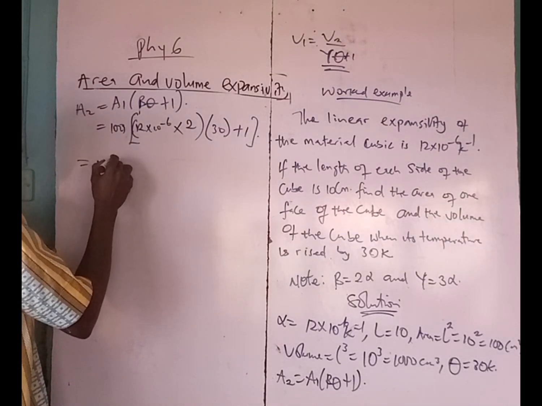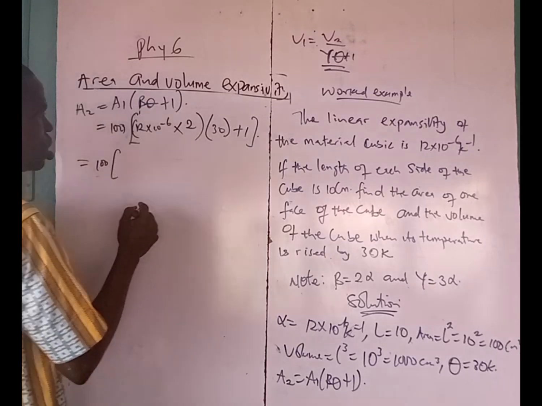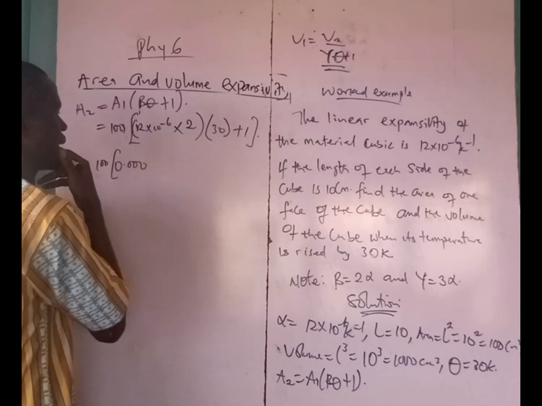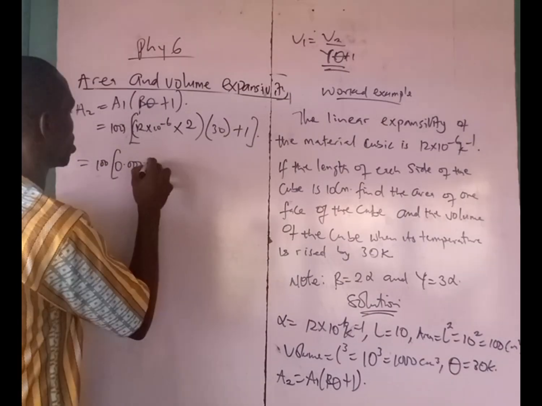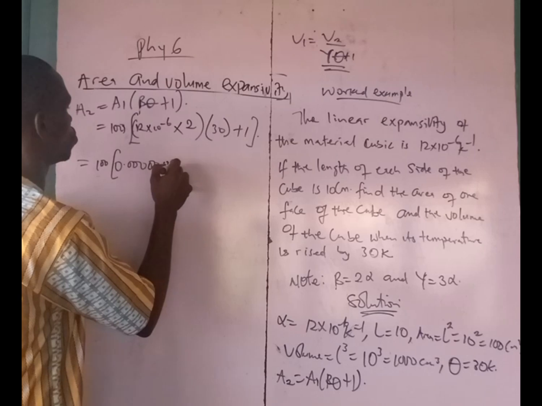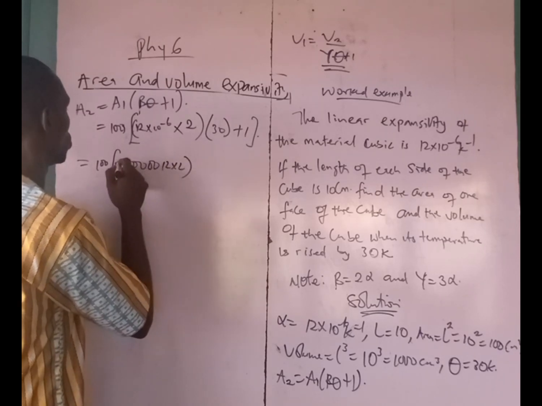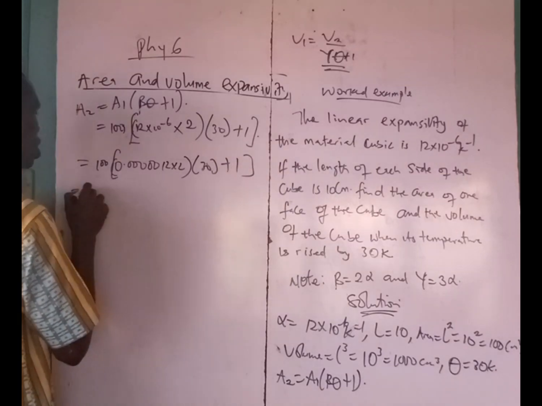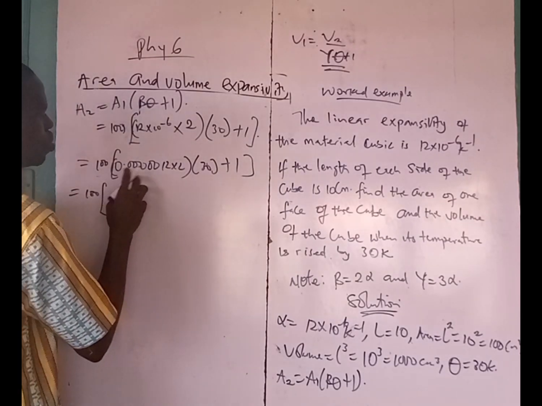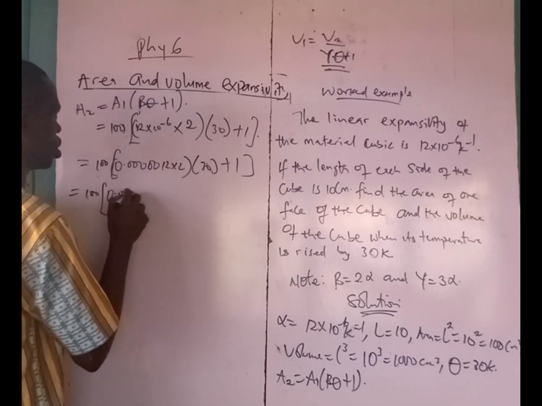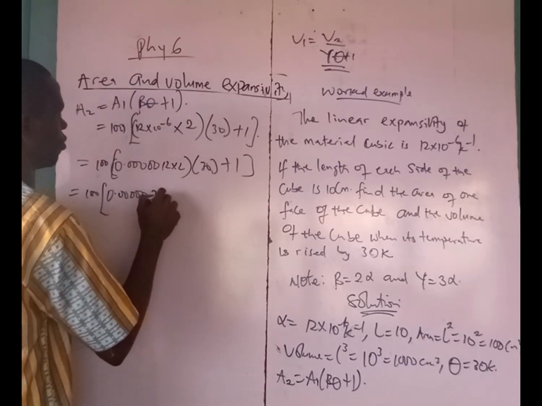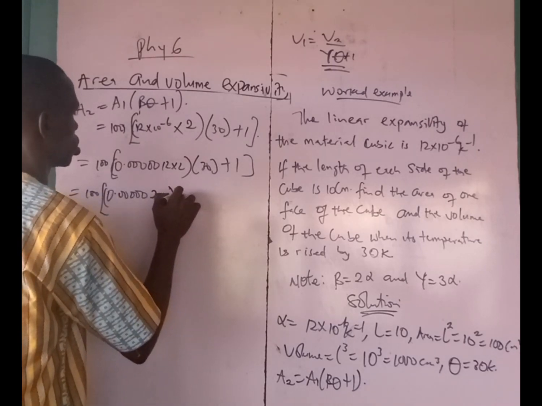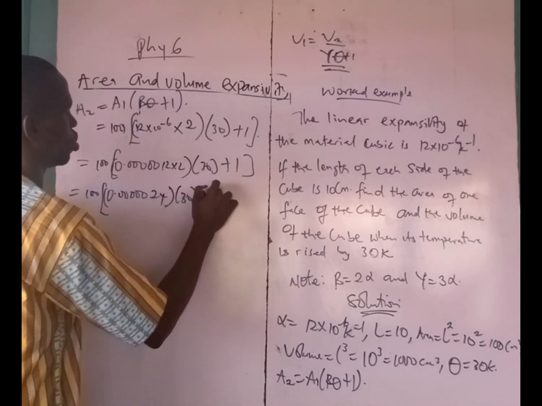100 into 0.00000012 times 2 times 30 plus 1. So that will be 100 into 0.00000024 times 30 plus 1.